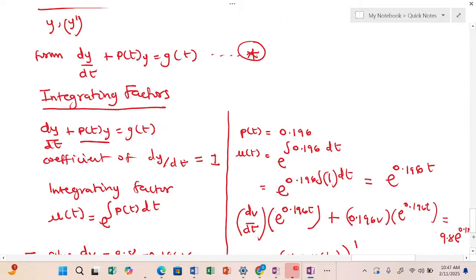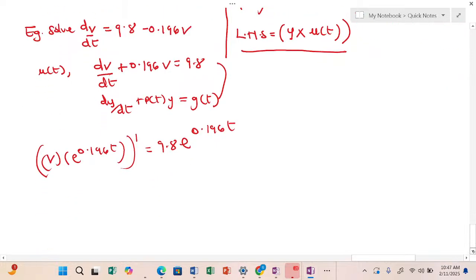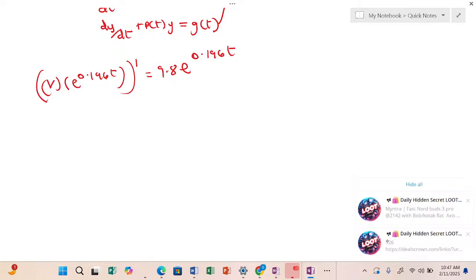We had 9.8 e to the power 0.196 t. So this is an equation where we can easily simplify. Here we do our integration, we bring our integral sign, and because of the prime here, the integral sign takes away the prime. So what we get now is v multiplying e to the power 0.196 t is equal to the integral of this.